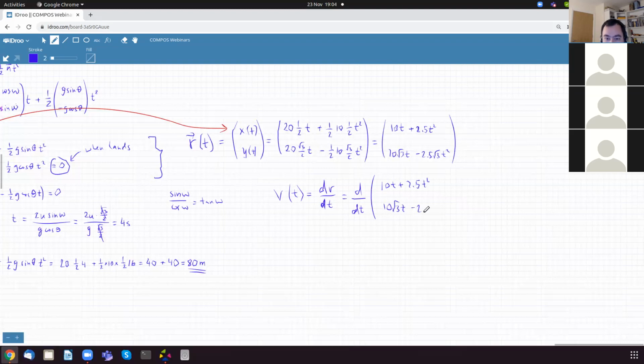10t plus 2.5t squared, 10 root 3t minus 2.5 root 3t squared.